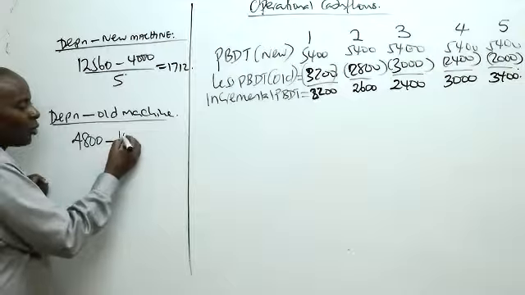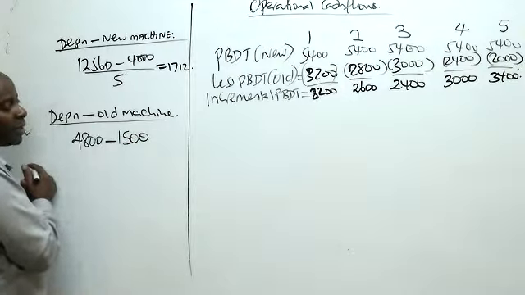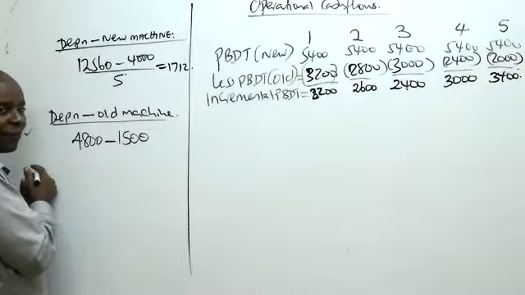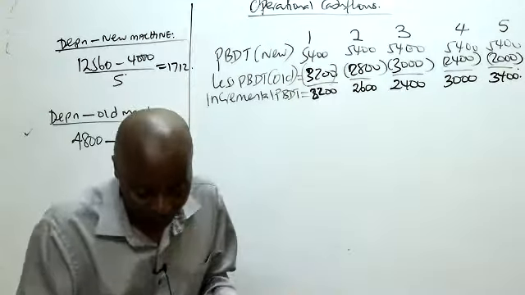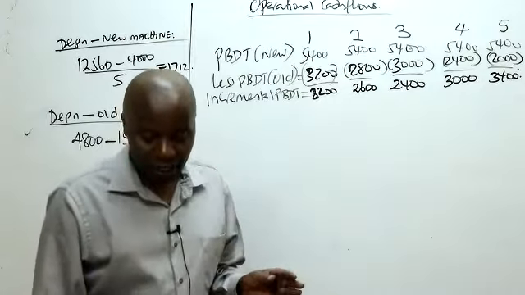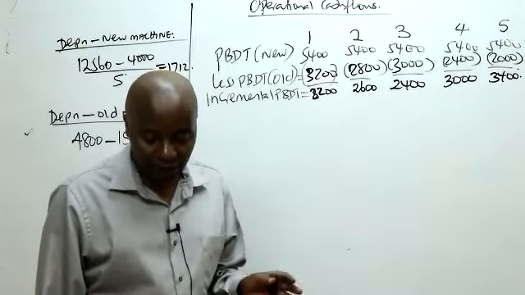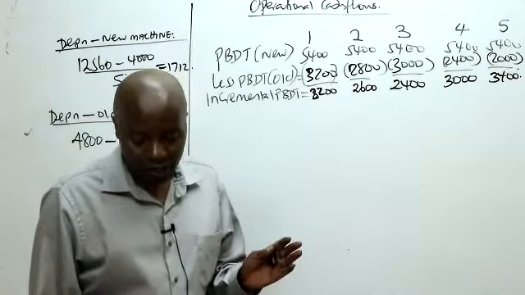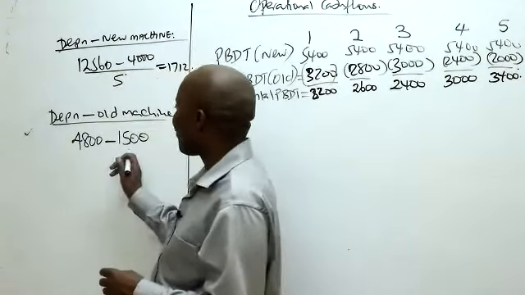Minus, they have told us, we have, ladies and gentlemen, 1,500 Kenya shillings as our scrap value moving forward. I'm not cooking my own things. We're reading from paragraph 1, the second last sentence, where they are talking over the next 5 years with a salvage value of 1.5. So 1.5 is the same as 1500.